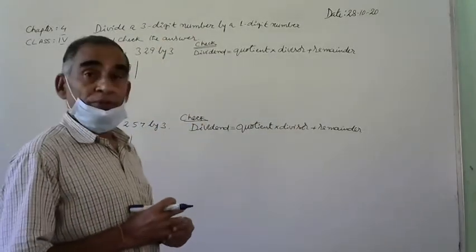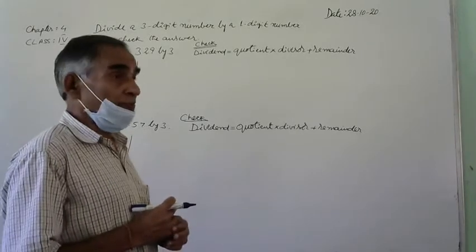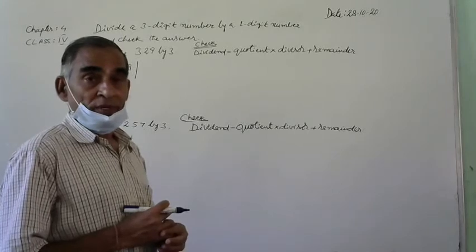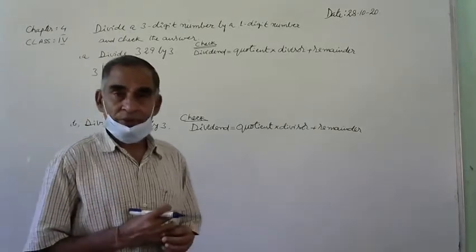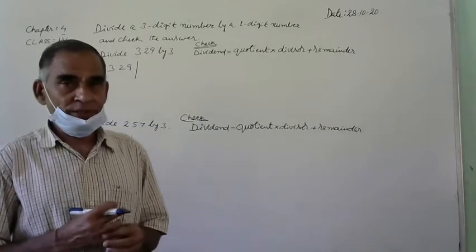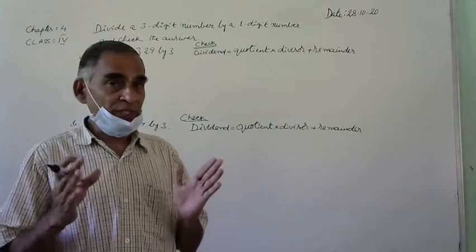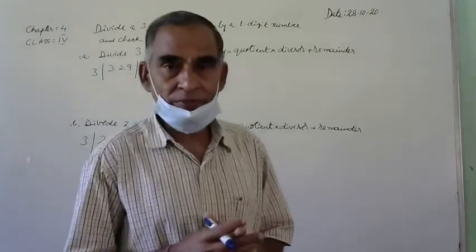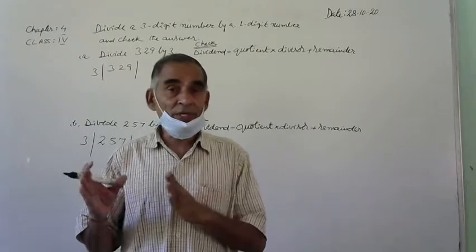How to divide. In the last class, I told you the properties of division, and that every multiplication fact gives two division facts. The relation between multiplication and division, and the relation between division and subtraction.